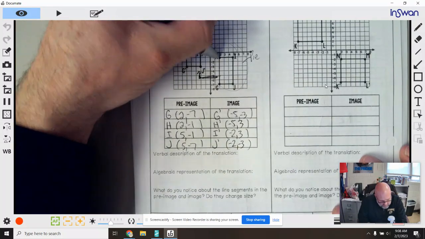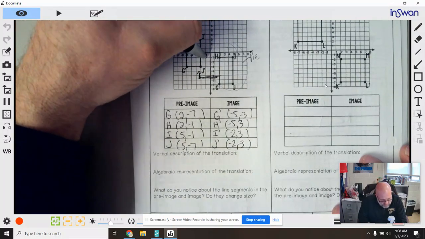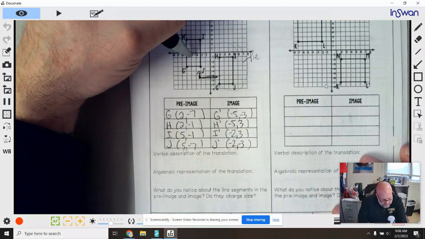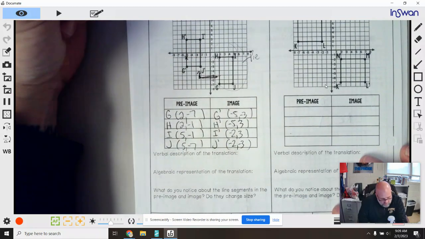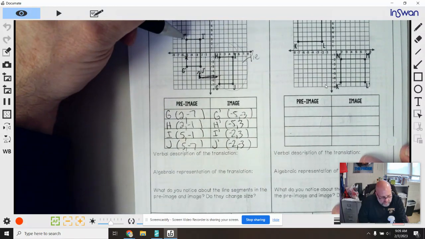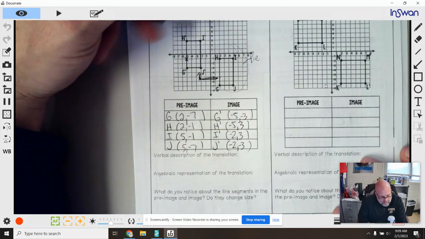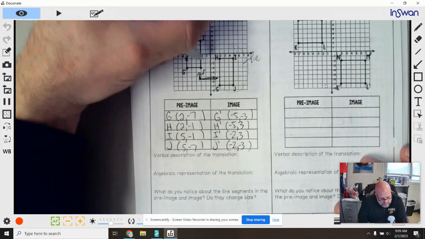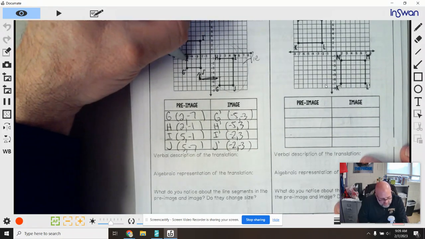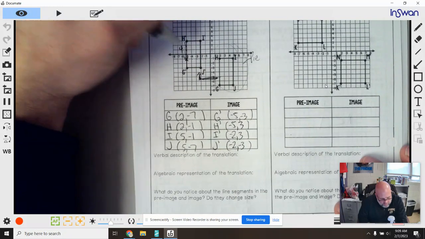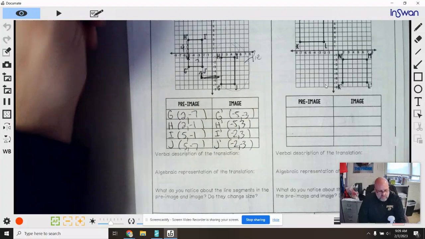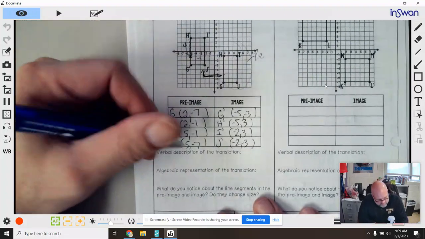So let's start with the H here. And let's just start going to the left. So 1, 2, 3, 4, 5, 6, 7. And if I go right here at 7 over to the left, I'm at the same level as where that H prime is, but now I need to go up. So I know that was 7 to the left and then up 1, 2, 3, 4. So we went over 7 to the left and up 4.